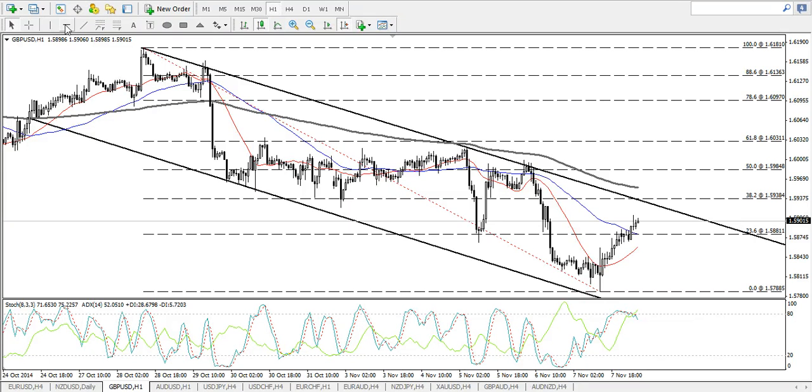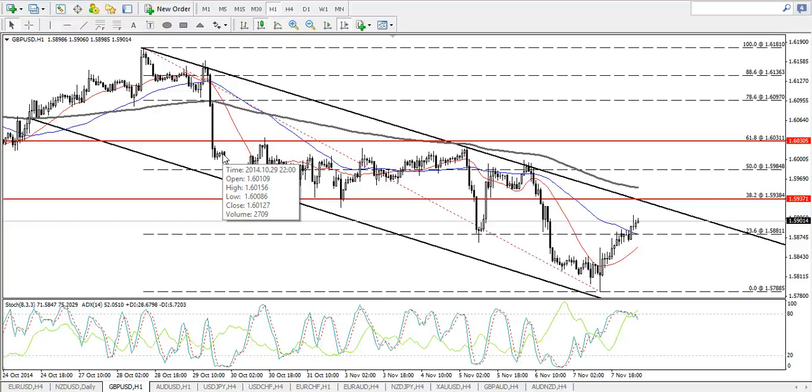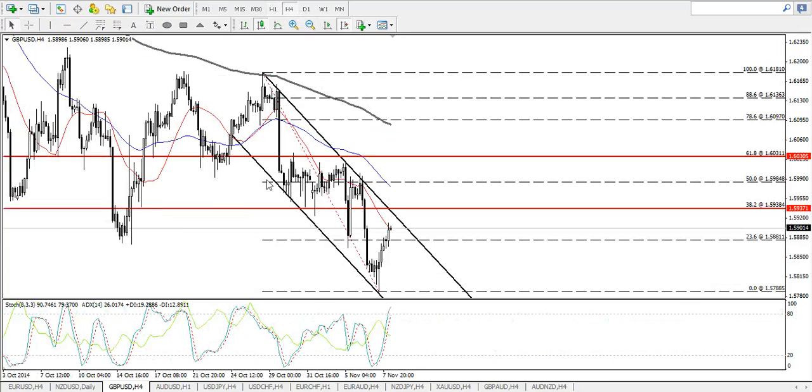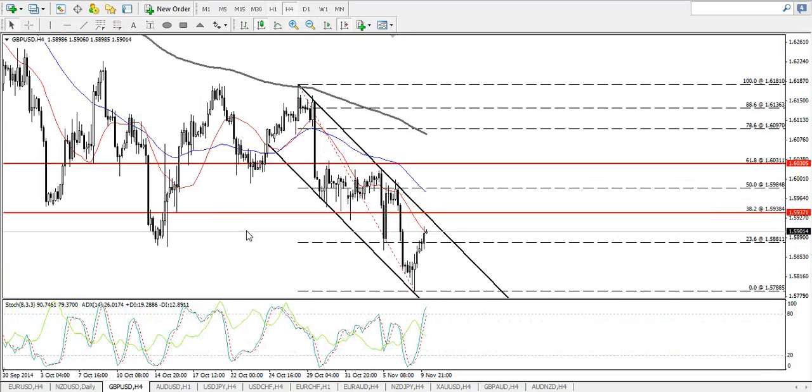So this will be the first level to wait for, and of course followed by the 61.8%, which is at the price of 1.6031. That's about the whole number of 1.6 thousand. Alright, so that is pretty much for the pound against the US dollar.